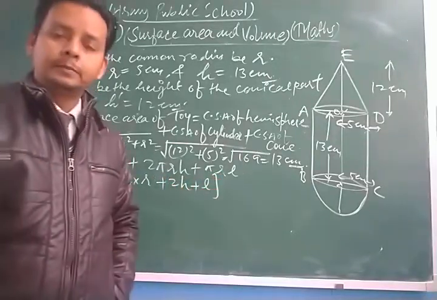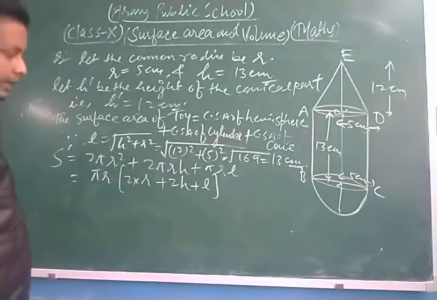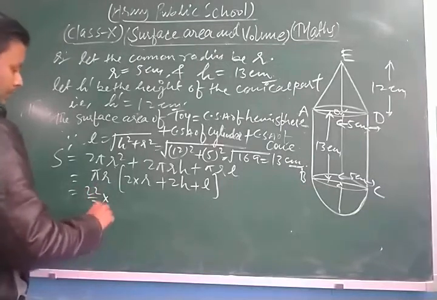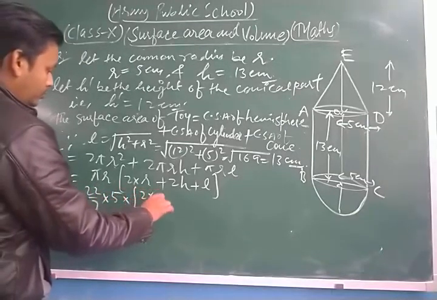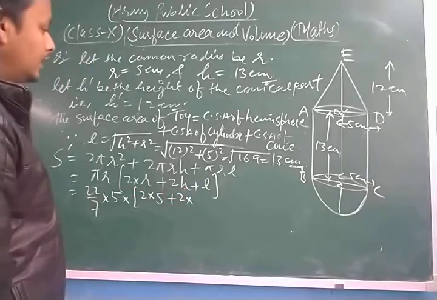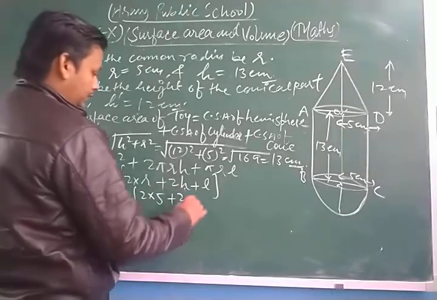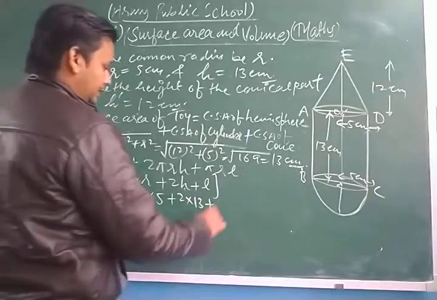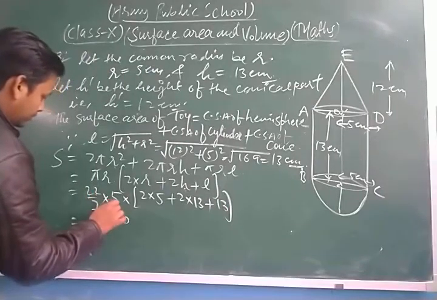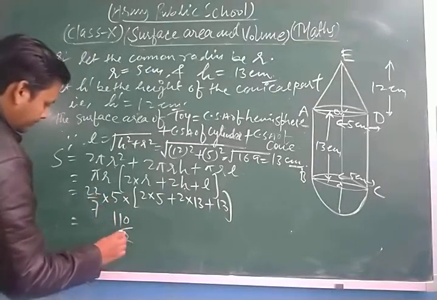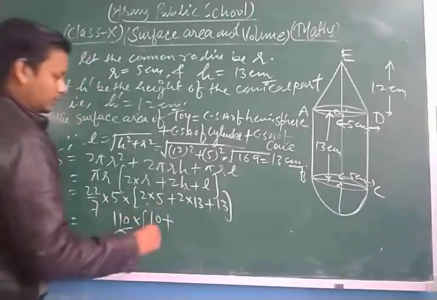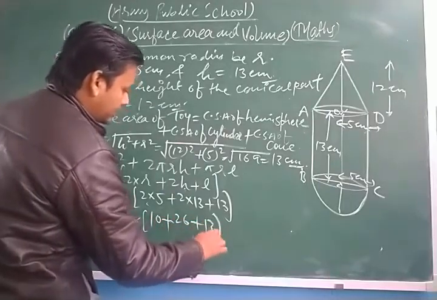Now we put all the values in this formula: 22 upon 7 into 5 into 2 into 5 plus 2 into 13 plus 13, where 13 is the cylinder height and the slant height.